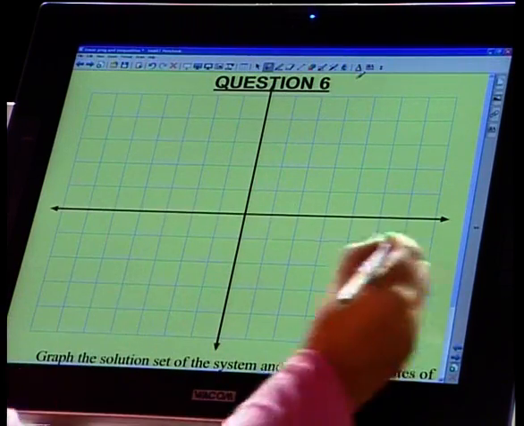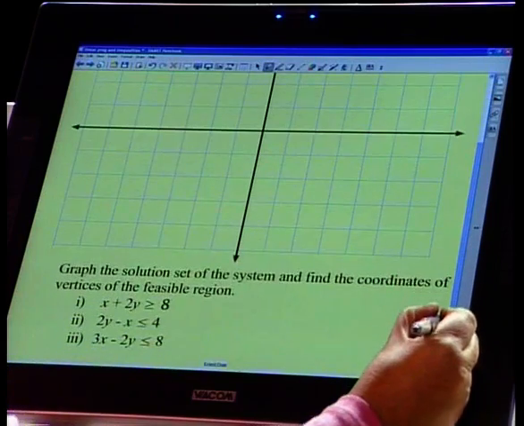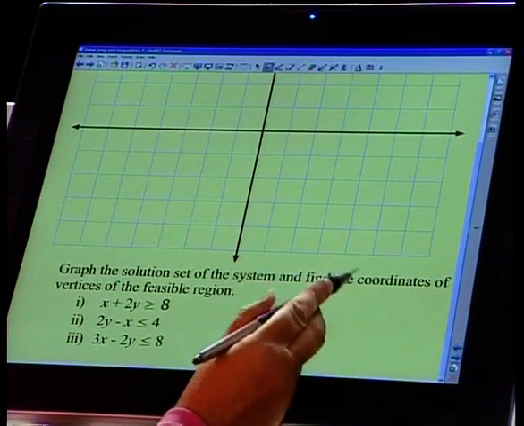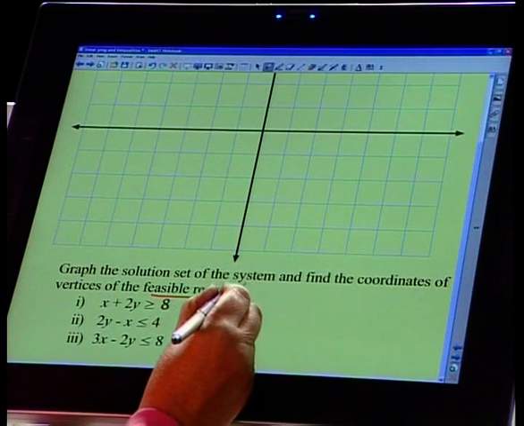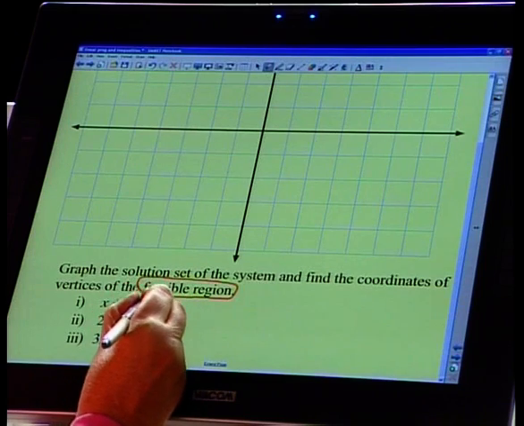Question 6. It says, graph the solution set of the system and find the coordinates of the vertices of the feasible region. So you see here they're using that word I was using just now. Feasible region is where all the inequalities are satisfied. So it's the common shaded area. Okay, but now they're adding in a new thing, vertices.